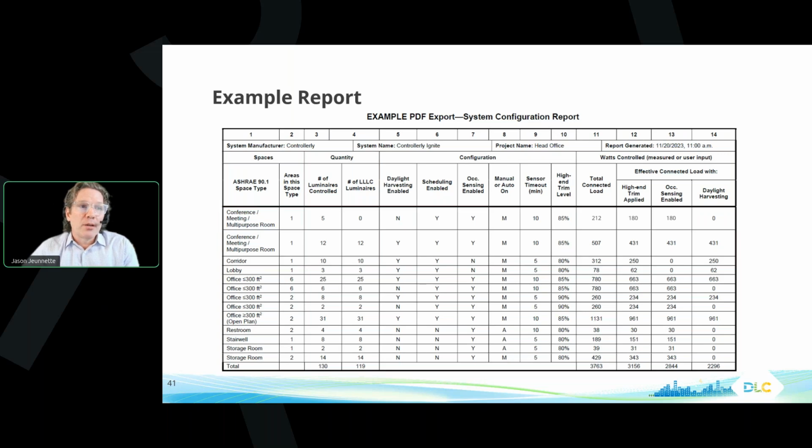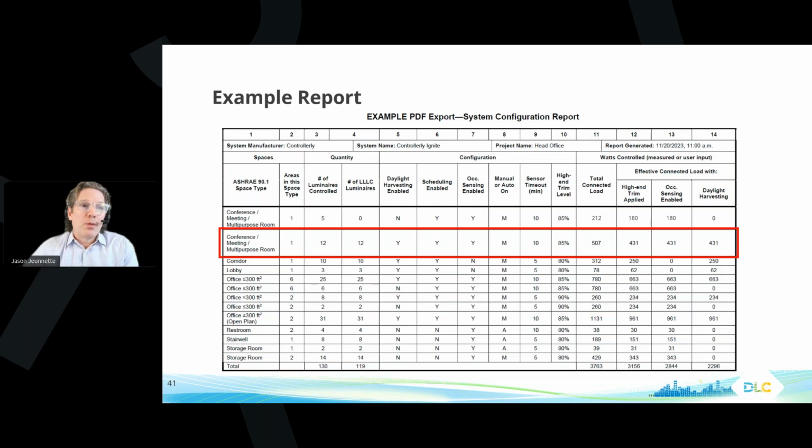Also in this building, in the same conference room, there are 12 luminaires that do have sensors on board. Those luminaires all have daylight harvesting enabled, the same scheduling, sensing, timeout, and high-end trim settings as the previous row. And those 12 luminaires collectively pull a little over 500 watts. Once you apply high-end trim, that effective load is approximately 430 watts.